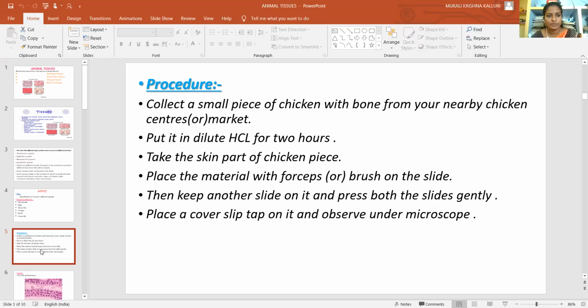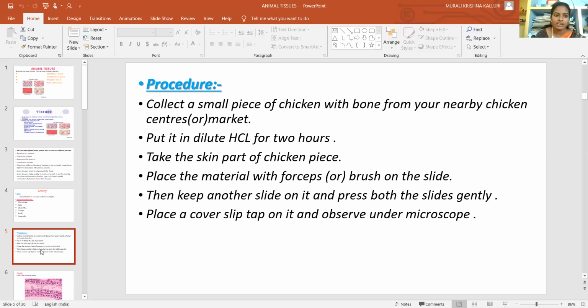Place the material with the help of forceps or brush. Then keep the material on the slide and cover it with a cover slip.